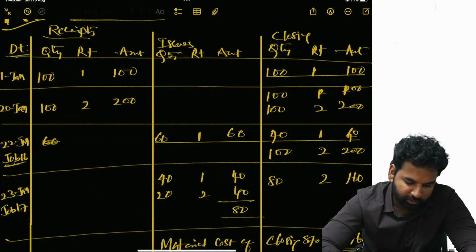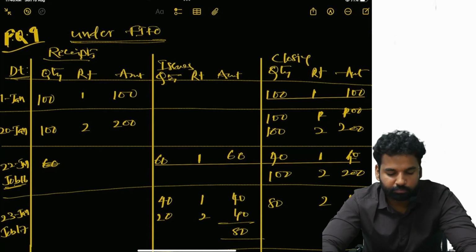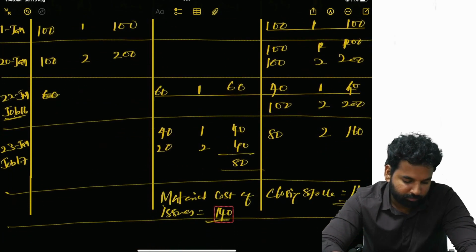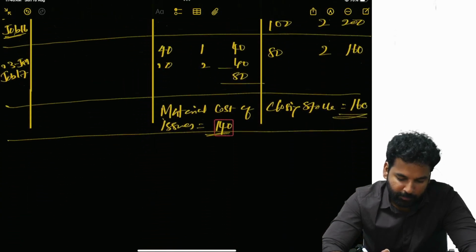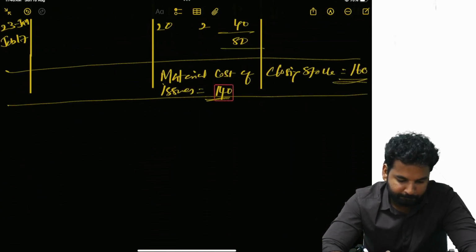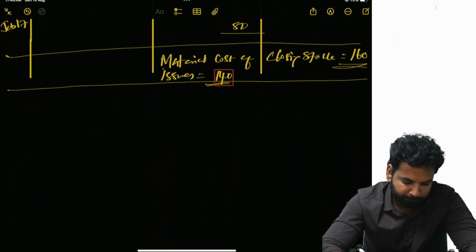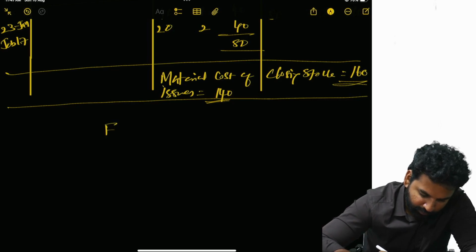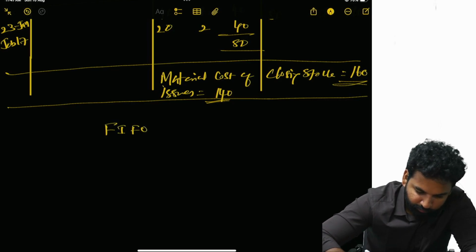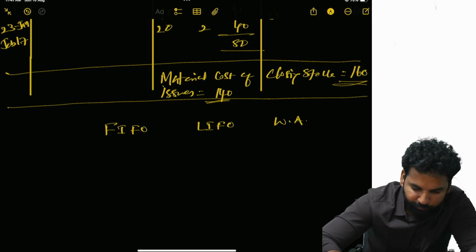Next case is LIFO. Under LIFO. Okay. Here you see, we'll draw this table. FIFO, LIFO, weighted average.